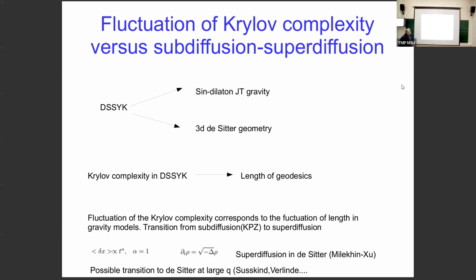Oh, in both of them actually, there are some papers. Barbon, Rabinovich, and some others, and there was a paper of Verlinde, just about Krylov complexity. It's about two years ago, something like this.